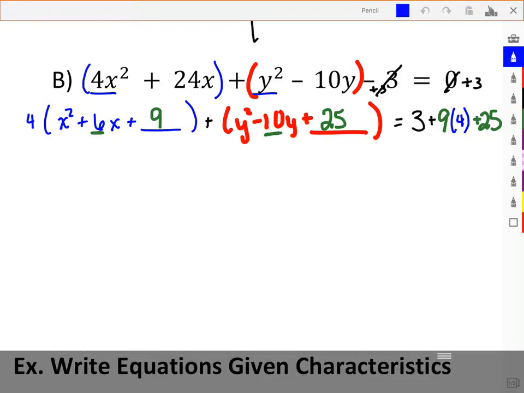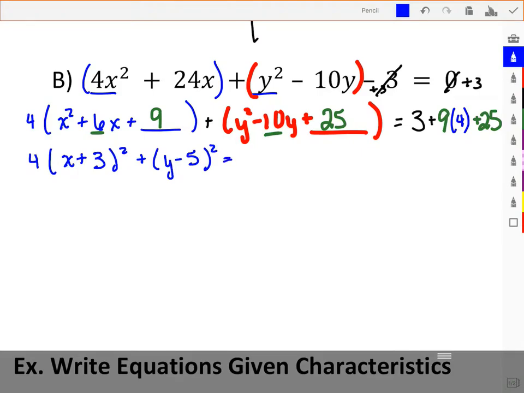Anytime you complete the square, the next step is always to factor the perfect square trinomial that you've created. So that's going to factor to (x plus 3) squared plus, and the y squared minus 10y plus 25 factors to (y minus 5) squared. It always factors to where it's just half of that middle number.